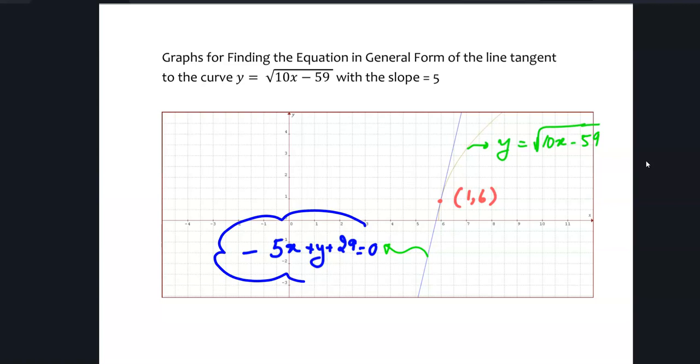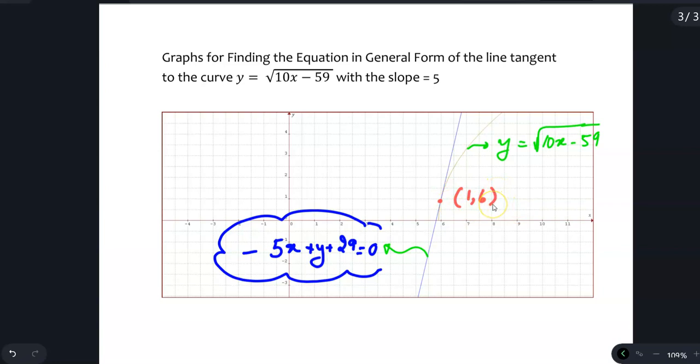This is the equation in general form for this line tangent to the curve y equal to square root of 10x minus 59 with a slope of 5. And it touches the curve at the given point of 1, 6. And this point here is actually the point that we found.